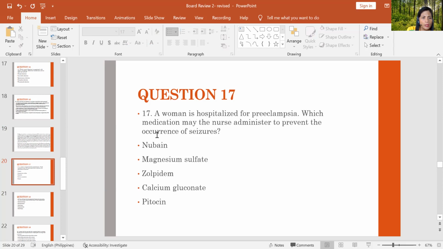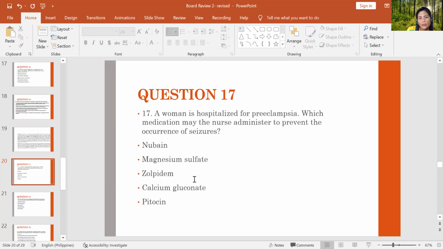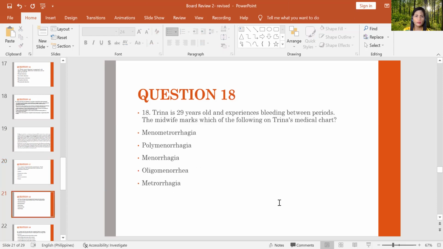And novain is an opioid analgesic. So this is a pain reliever, a painkiller. And sulpidem will help to sleep. It's a sleeping aid, sulpidem. Okay. Moving on to the next question.